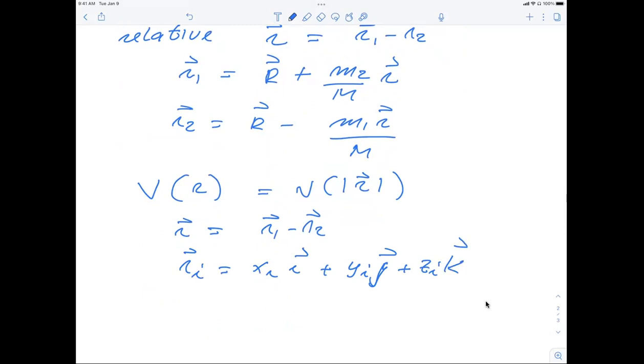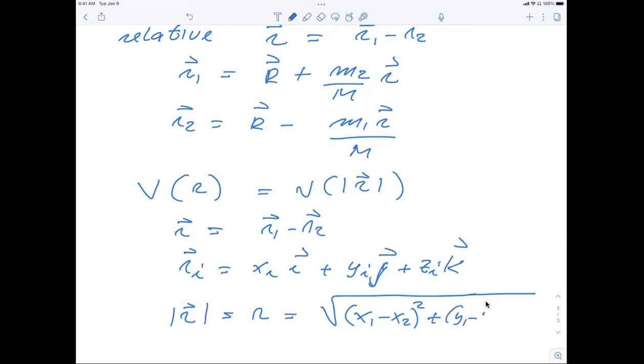That means that the absolute value of R, which we are going to write as just R, is given by, when we have two particles only, x1 minus x2 squared, plus y1 minus y2 squared, plus z1 minus z2 squared. So the potential in many physics cases, which you're going to encounter later as well, depends normally only on the relative distance. That has quite some interesting consequences for us.